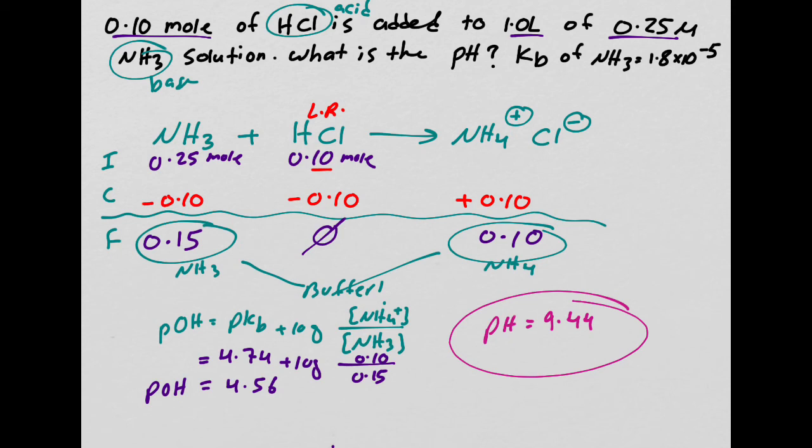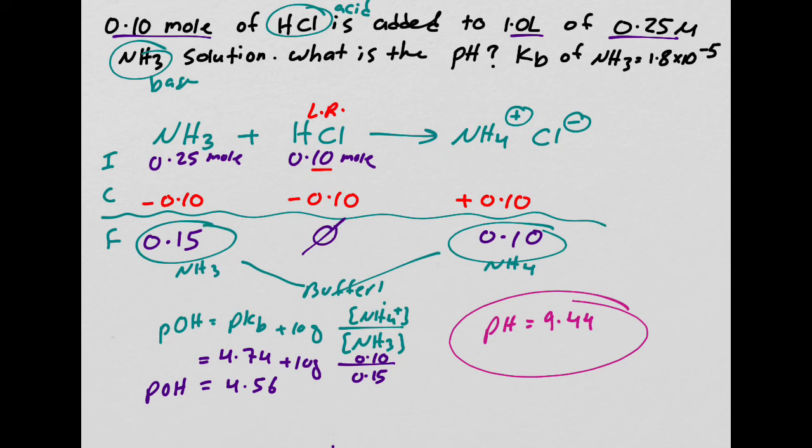Again, when you looked at this problem, you go, oh, I have two things. So it's not just a strong acid, strong base, weak acid, weak base, or salt. It's none of that because I have two things. It's not a buffer right off because I don't have a weak base and its conjugate. HCl is not a conjugate of that. So I have an acid, I have a base, I have an acid-base reaction.